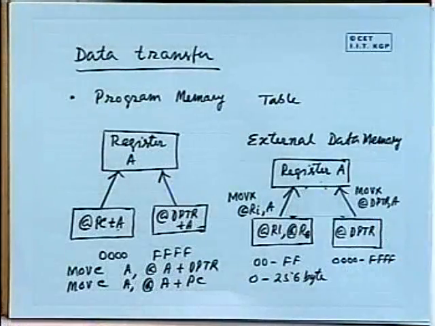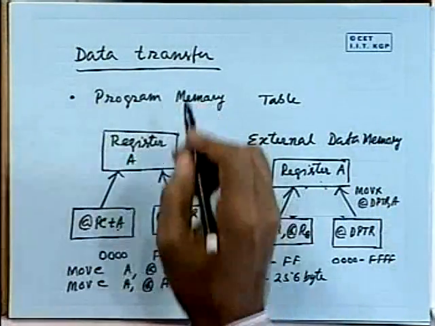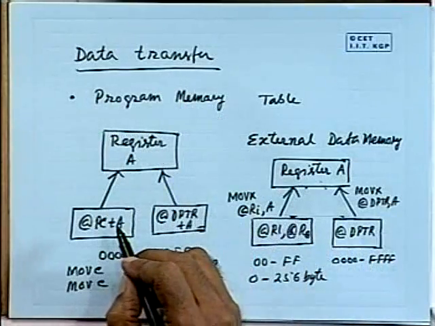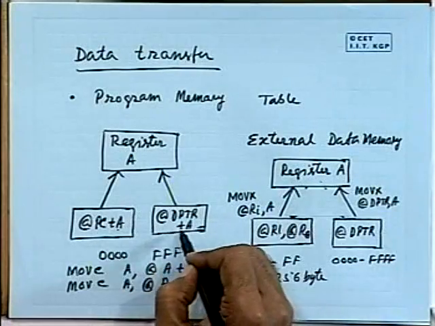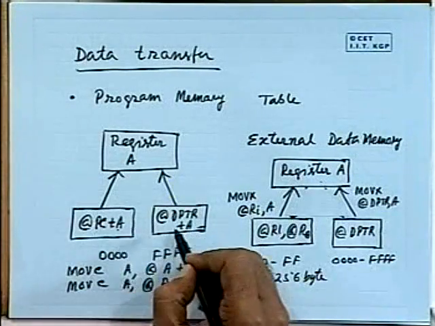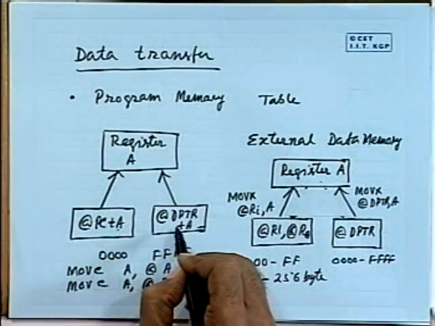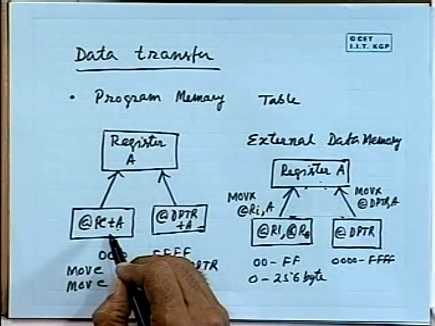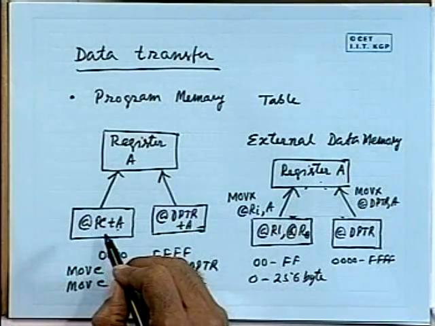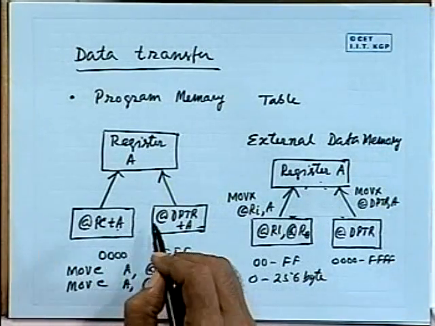As you have seen, in this data transfer category, you can transfer data from the external program memory by using two addressing modes, that is indirect addressing using base register plus index register.